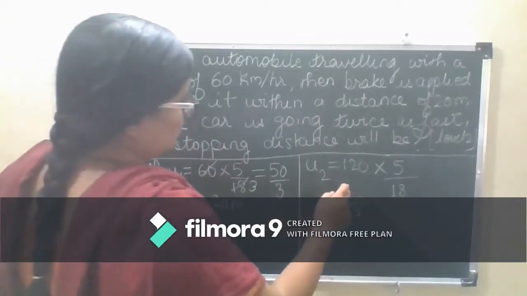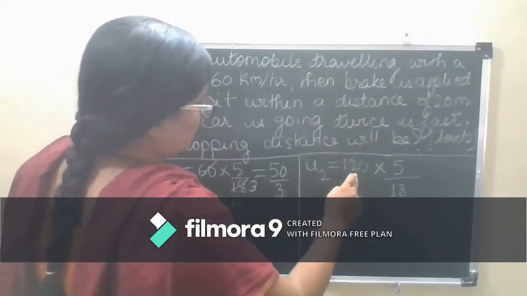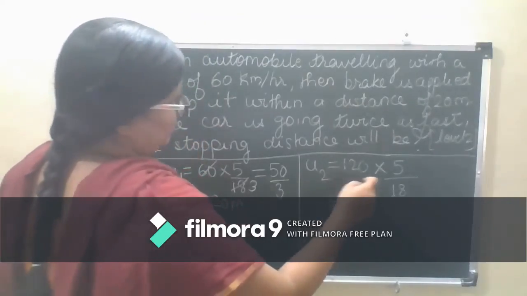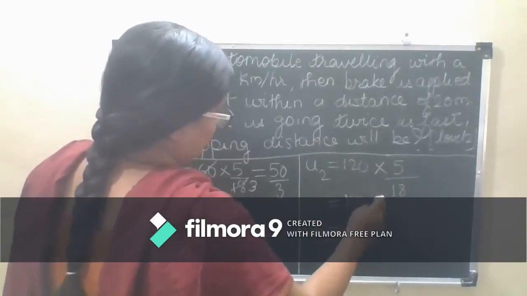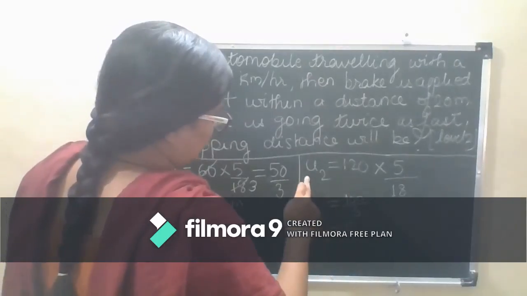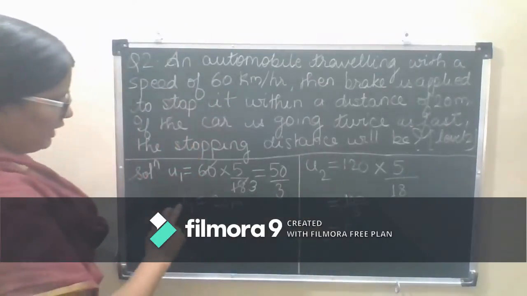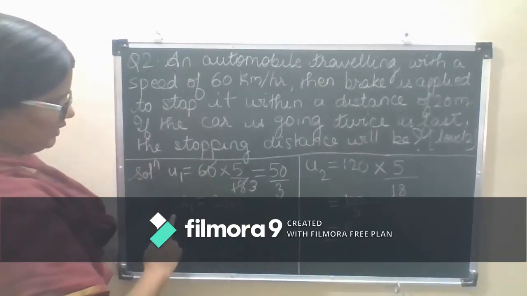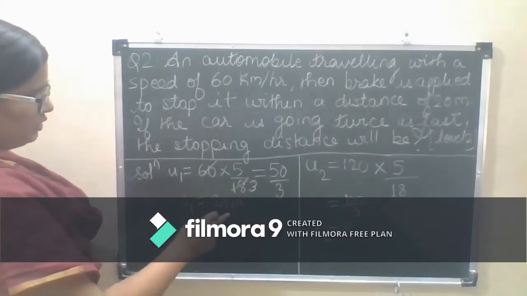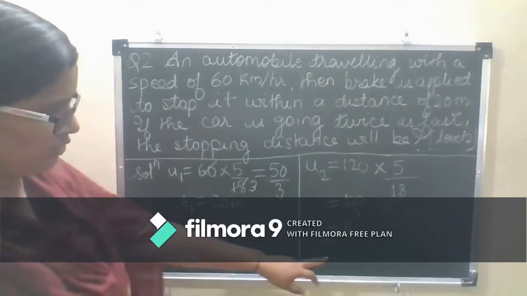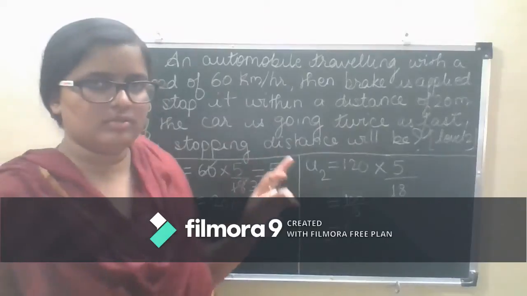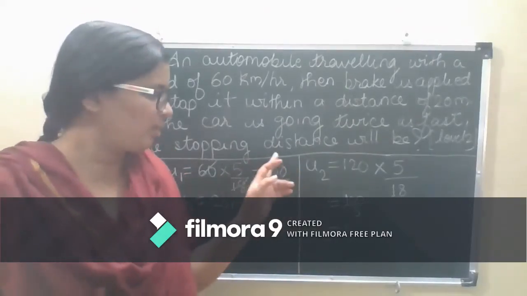So u2 is equal to 120, because first it was 60 into 2, which is 100 by 3, and u1 is 50 by 3, and s1 is equal to 20 meter. Now we have to calculate the stopping distance for this problem.